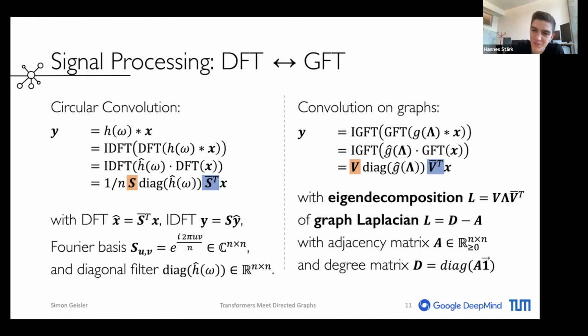We take the SVD of this graph Laplacian, or we do our eigenvalue decomposition, and then we have our eigenvalues and our eigenvectors. And now we take the transpose of the eigenvectors and we multiply with our features. So that means we kind of project our features onto these eigenvectors.